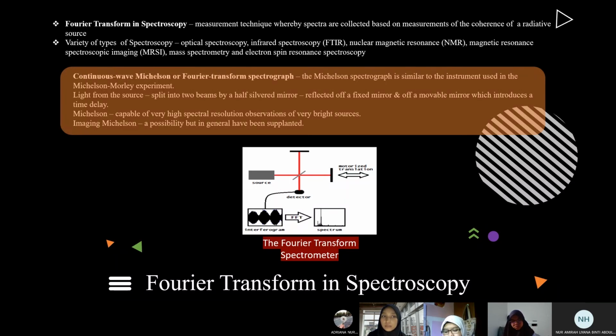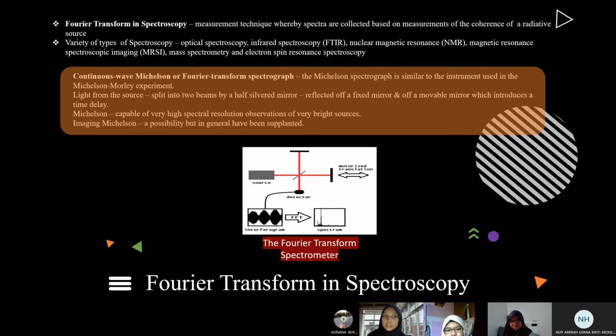It can be applied to a variety of types including optical spectroscopy, infrared spectroscopy, called FTIR, nuclear magnetic resonance, NMR, magnetic resonance spectroscopic imaging, MRSI, mass spectrometry, and also electron spin resonance spectroscopy.